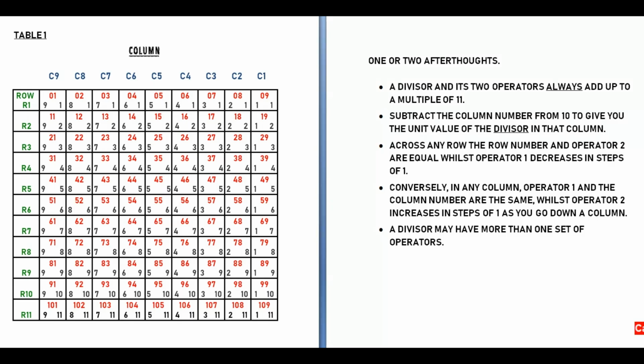Conversely, in any column, operator 1 and the column number are the same, whilst operator 2 increases in steps of 1 as you go down a column. A divisor may have more than one set of operators.